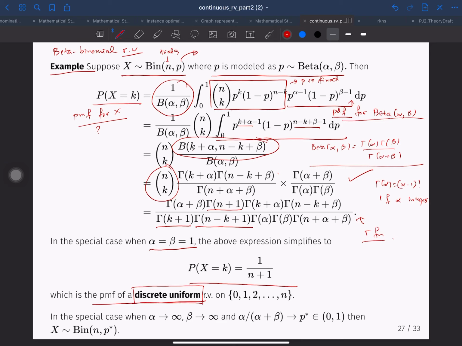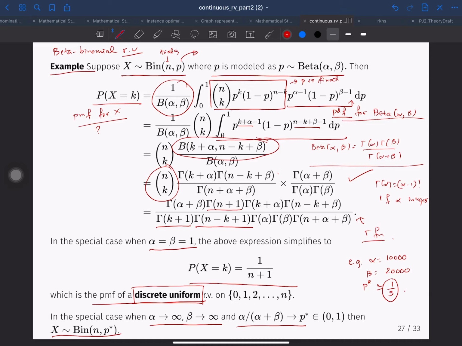If we let alpha and beta be big numbers and the ratio converges to some p star, for example alpha equal to 10,000 and beta equal to 20,000, in which case p star is roughly 1 over 3, then X looks like binomial(n, p star).